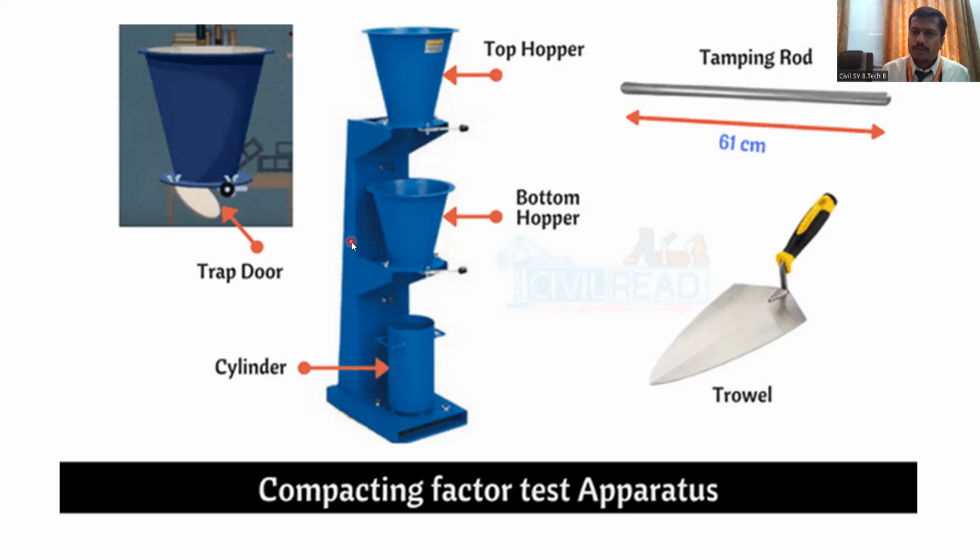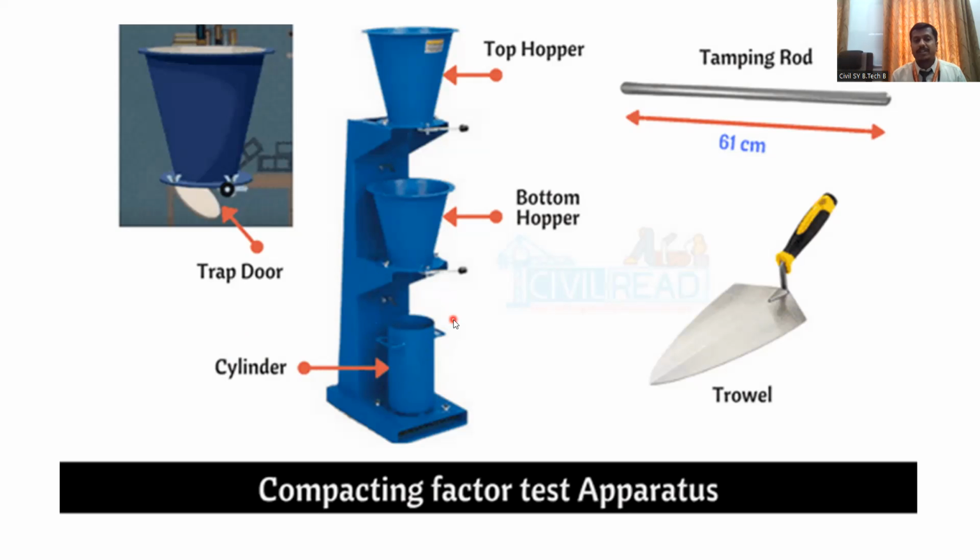After opening that hopper's door, the concrete will fall down into the cylinder which is used in the compaction factor test. Now, the concrete that has fallen into this cylinder, you have to weigh along with the cylinder weight.